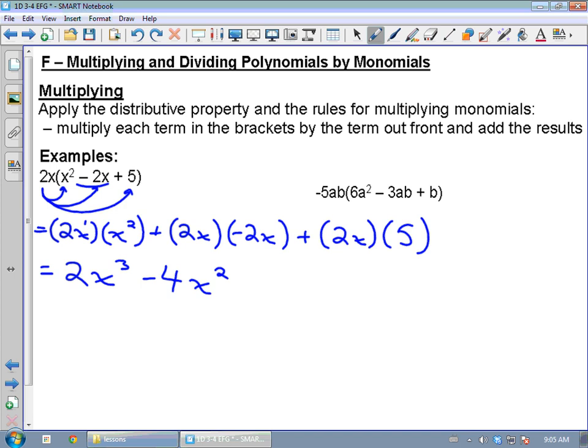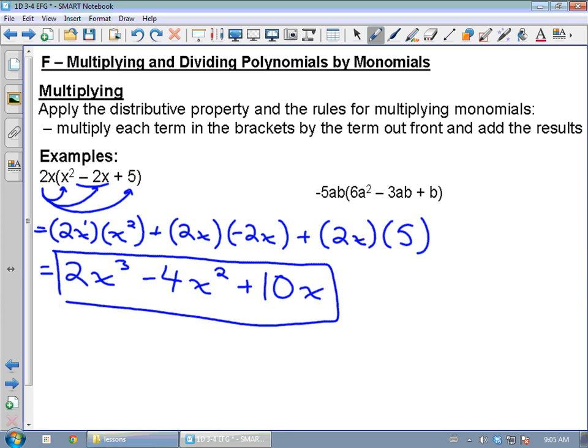And because the answer here, when I multiplied those two, was negative, I put a negative sign between my 2x cubed and my 4x squared. And then we go on to the last pair of monomials here. 2x times 5, we're going to multiply our coefficients. 2 times 5 gives us 10. This is going to be positive. And then we have x times, well, we don't have anything there, so this is just going to be x. So our final answer, 2x cubed minus 4x squared plus 10x.